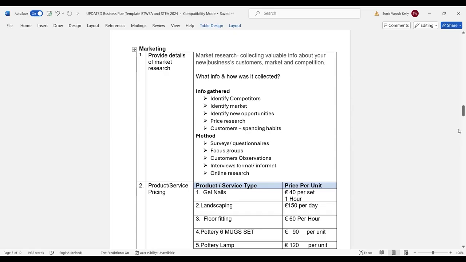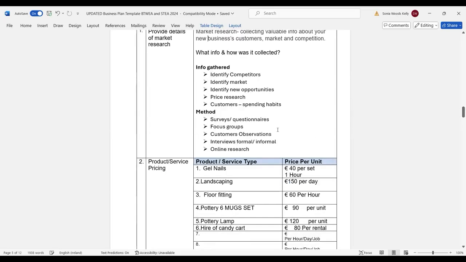You may have carried out some customer observations. You may have carried out some formal or informal interviews, or you may have just completed some online research. Whatever your methods were in gathering your information, make sure to disclose them here, and back it up with any evidence you have by way of attachment.